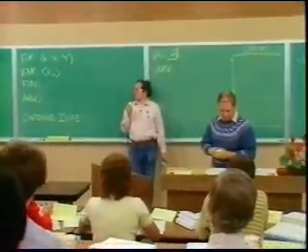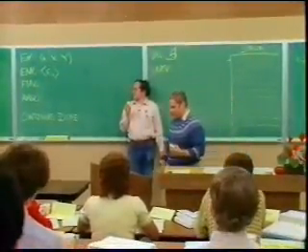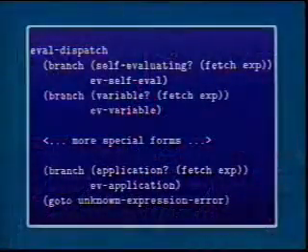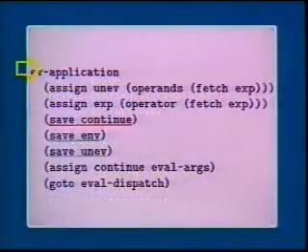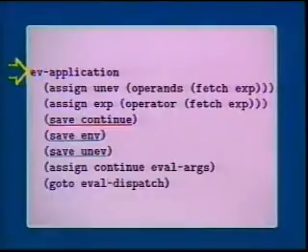Okay. Well, start again at eval dispatch. Self-evaluating, no. Variable, no. All the other special forms which I didn't write down, like quote and lambda and set and whatever, it's none of those. Turns out to be an application. So we go off to ev application. Remember what it's going to do overall.